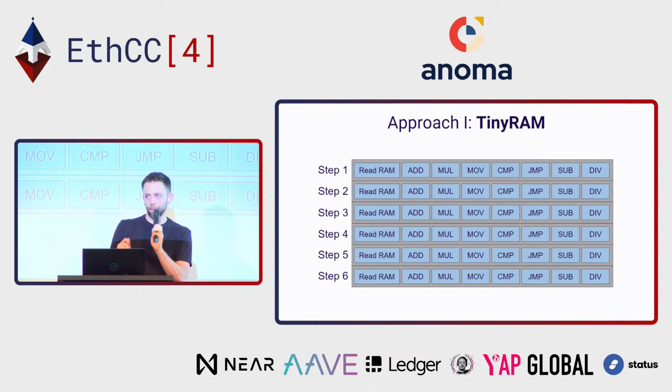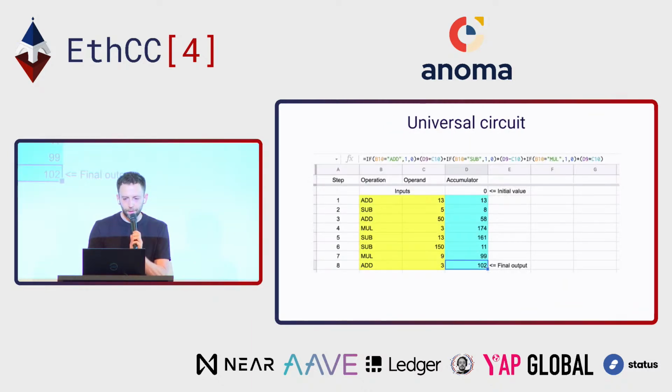Maybe. So this spreadsheet, I can't open it because it's a different laptop. But imagine a spreadsheet which has this formula on the right. If column D has this formula, like if the operation at this step is addition, then add the operand to the previous value, to your accumulator, and take this value.